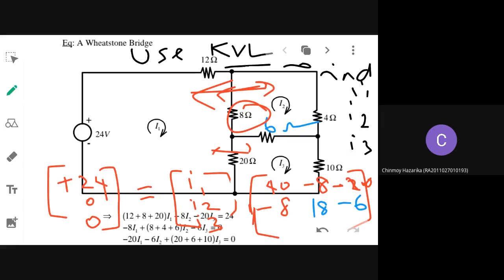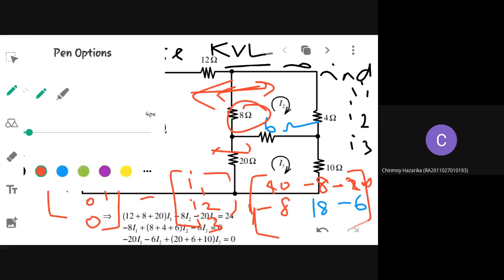Okay. Now regarding the last mesh: R31, R32, R33. Now shall I continue? Yeah, you tell. R31 is minus 20.